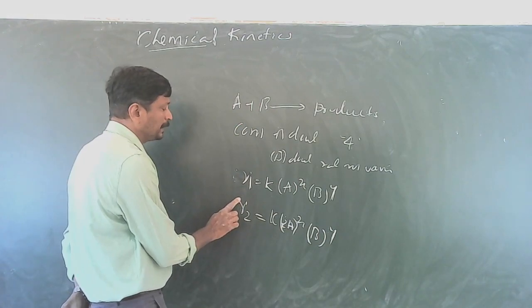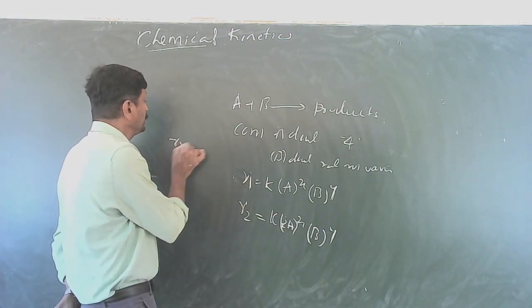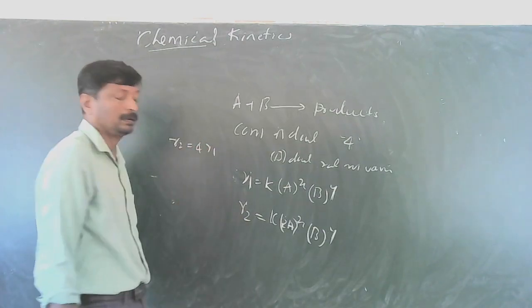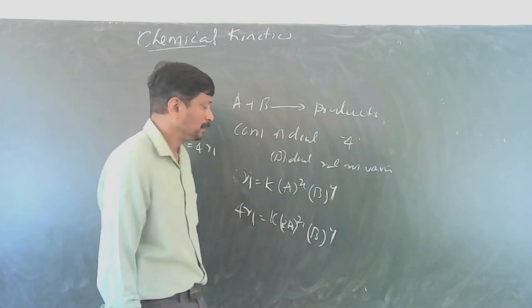Rate increases 4 times. R2 is equal to 4R1. Find out X.